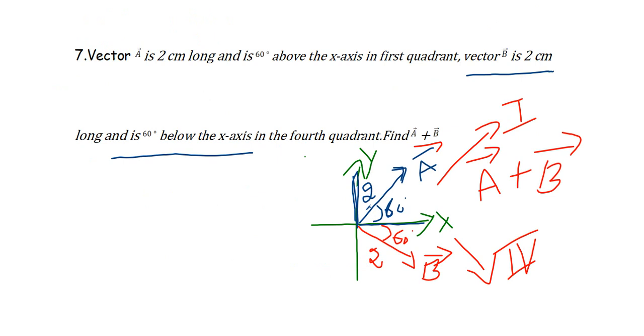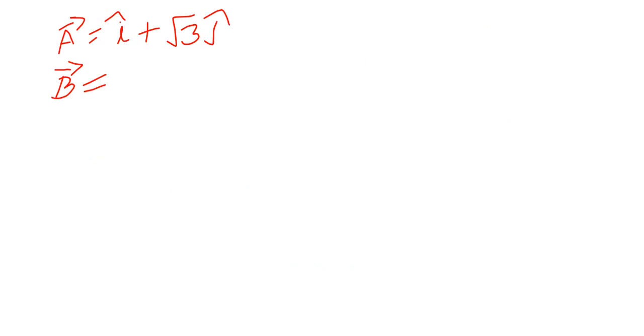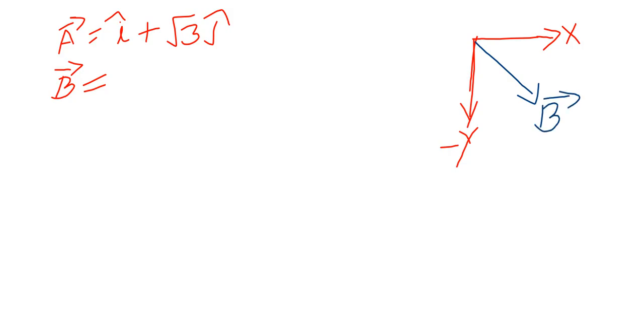So in fourth quadrant x is positive, y is negative, and vector b bar is making an angle of 60 degrees below the x-axis and the length of this vector is 2 centimeter long.